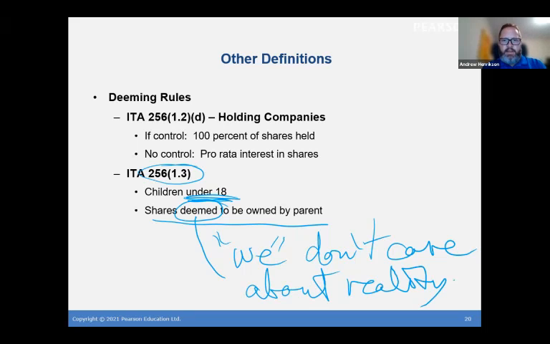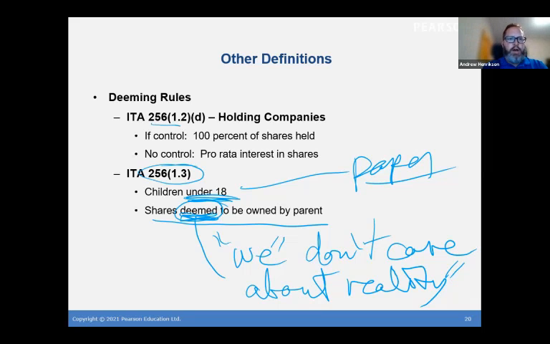I'm going to say it in a silly way, but that's it. We're saying, yeah, on paper, the kid owns the shares. But based on our rules, we will deem that the parent owns it. We don't care about what you put in reality, because that is a child. They're under the age of majority.